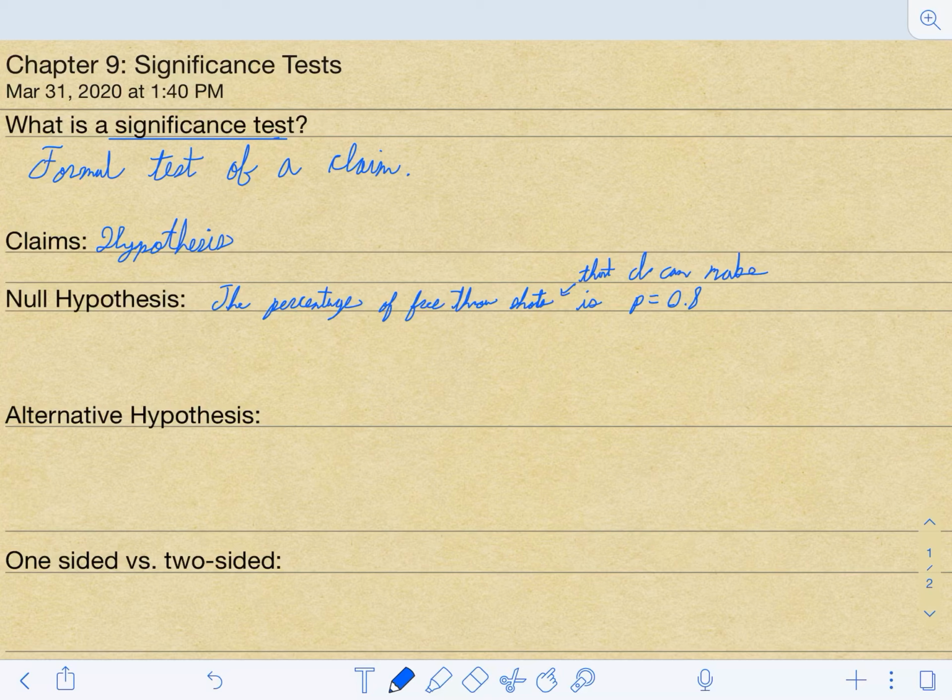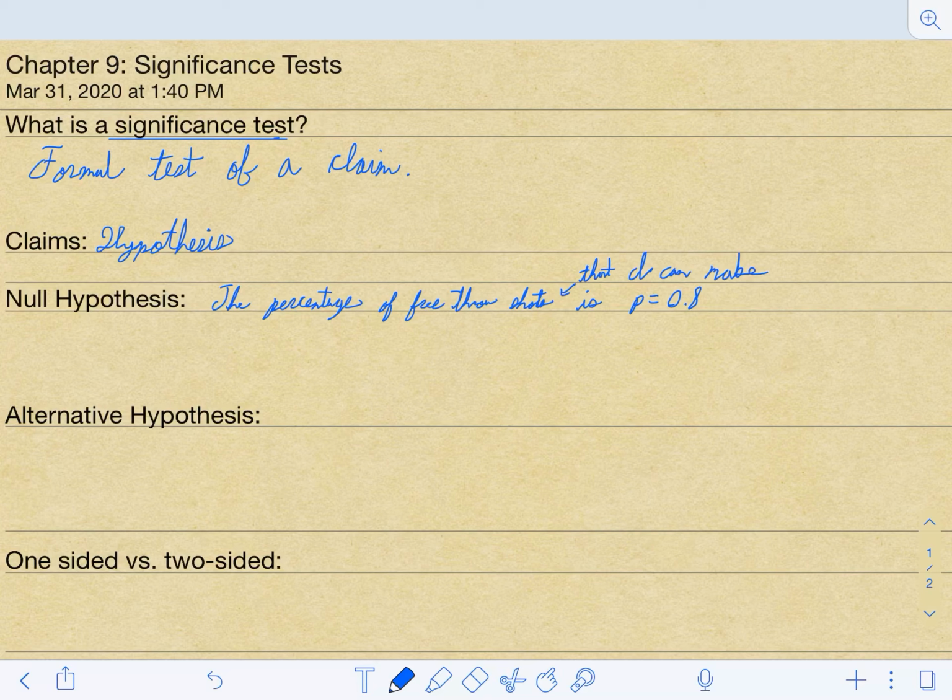And you can test that claim. You could even make it a little bit more general in saying that they're within 2 inches of 5 feet 5 inches. So they're between 5 feet 3 inches and 5 feet 7 inches. Okay, that would be a null hypothesis. You're giving a specific thing that you think might be true.